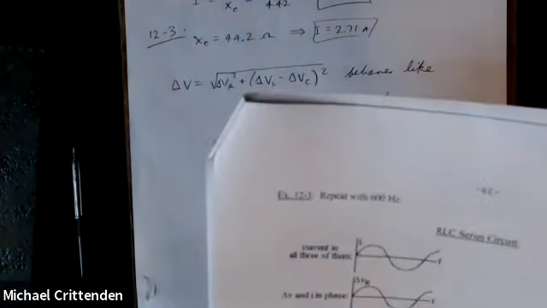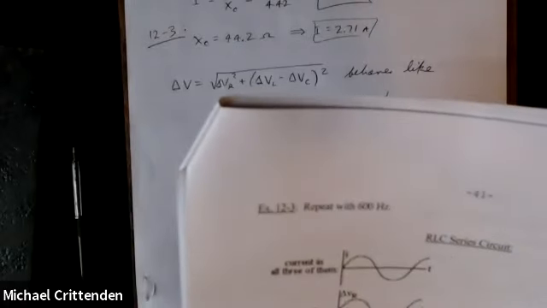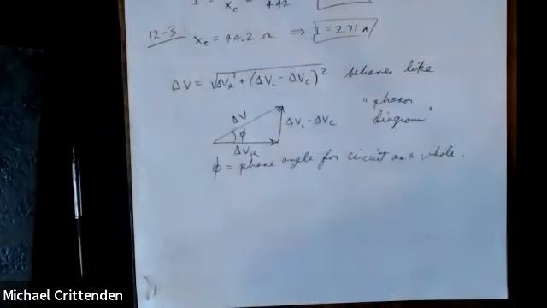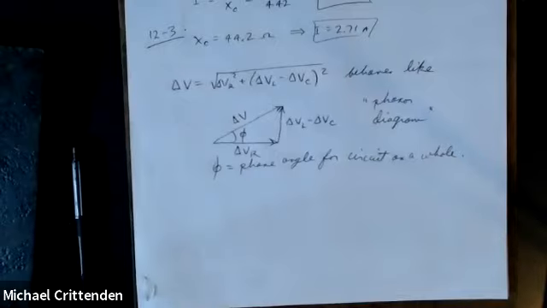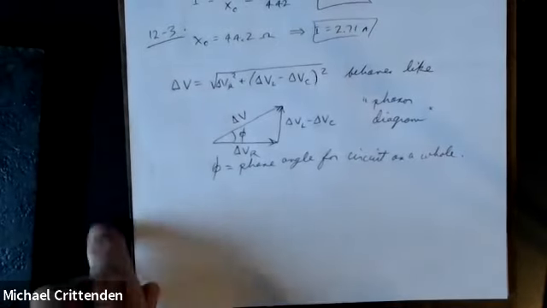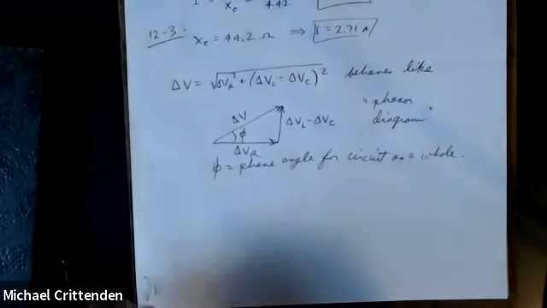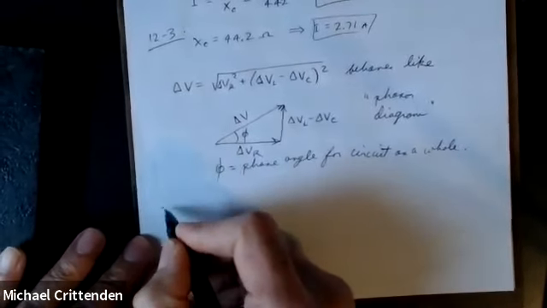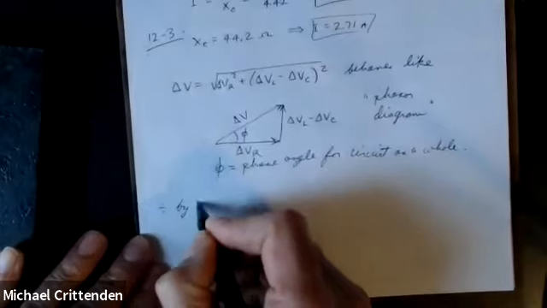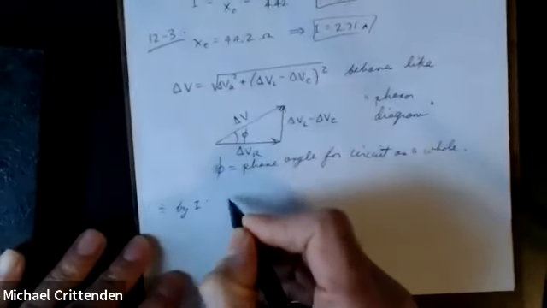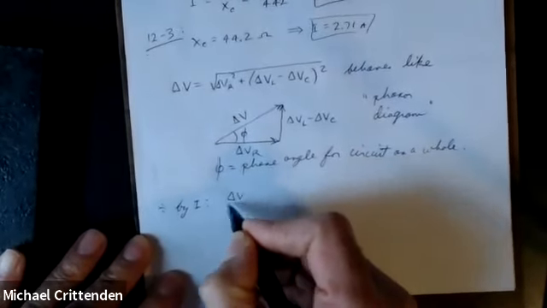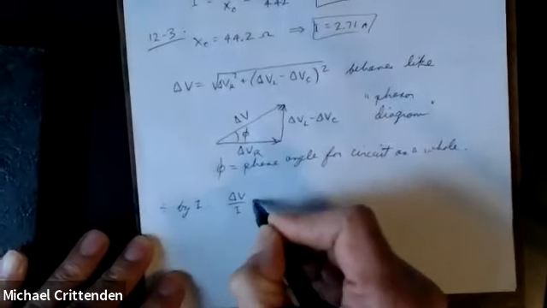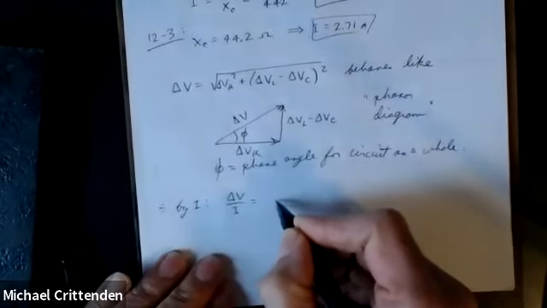The next thing it says on the script here is impedance. If you take that formula and divide through by the current, you'd have delta V over I on one side of the equals.